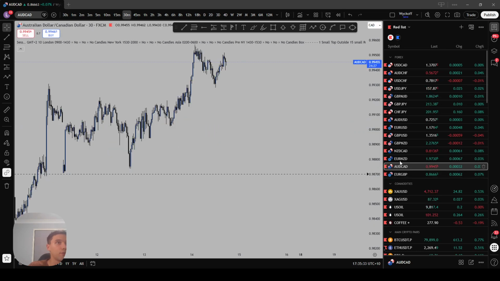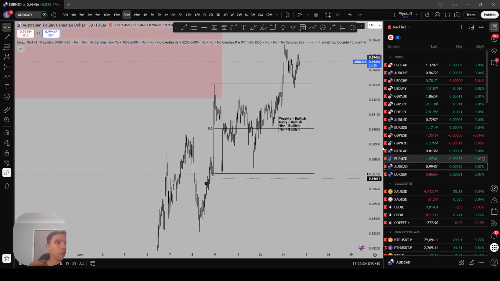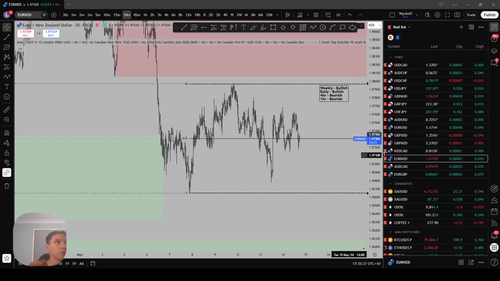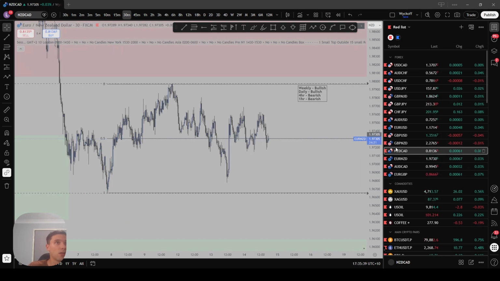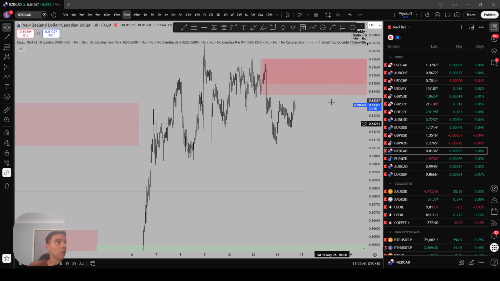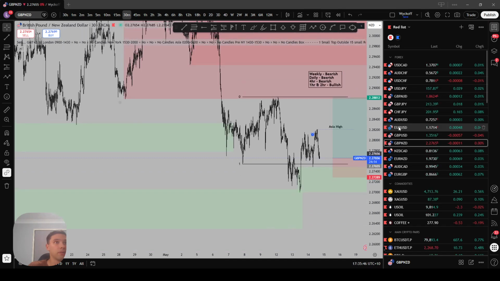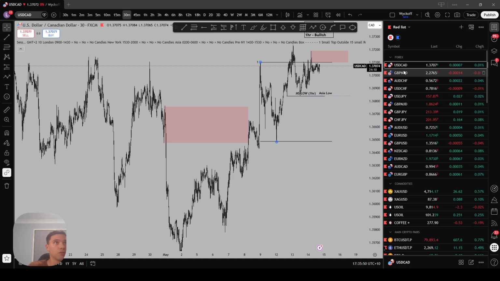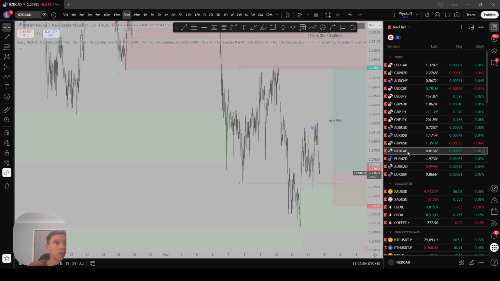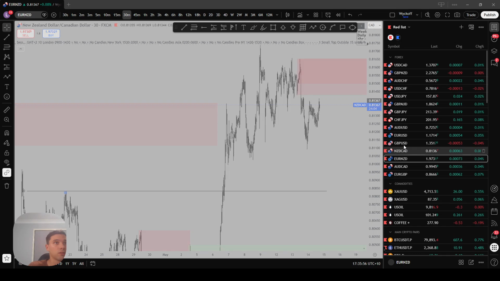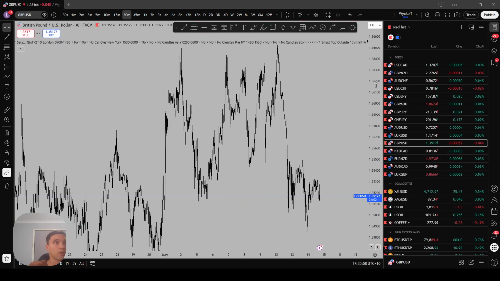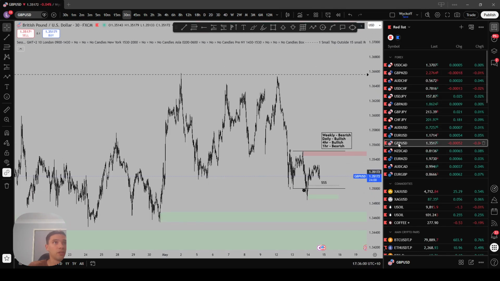But yeah, that is Forex for today. So I'll move some pairs up just for my own sake. Alright, GBP and NZD. Keep a big eye out on this one. What was USD CAD doing? Yeah, USD CAD, keep an eye out there. GBP USD as well, keep an eye out there.